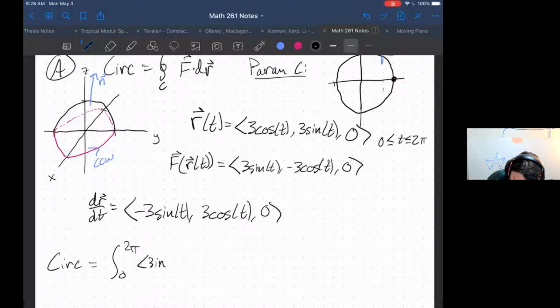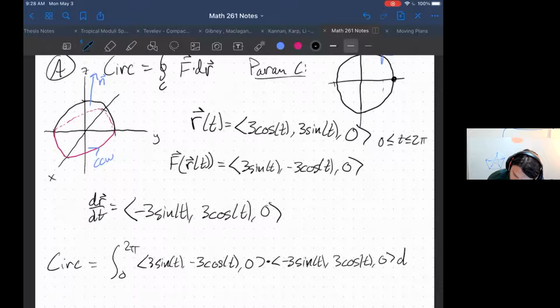You get 3 sine, -3 cosine, 0, dotted with -3 sine, 3 cosine, 0, dt. So when we dot these together, remember it's the product of the first 2 components plus product of the second 2 components plus product of the third 2 components.